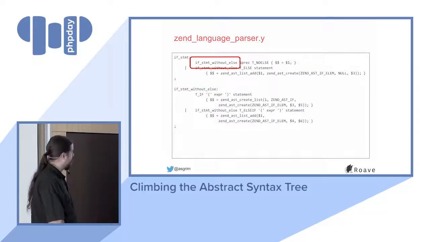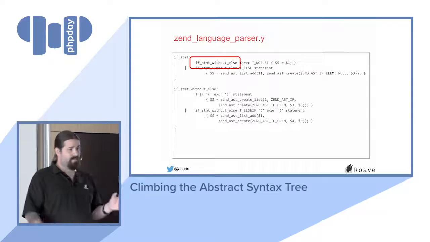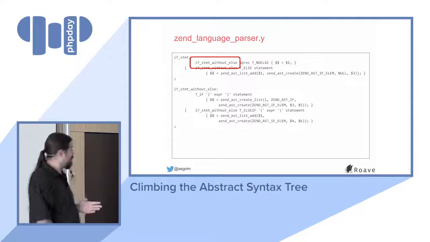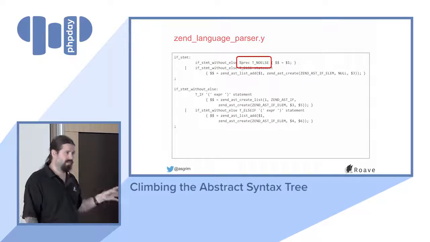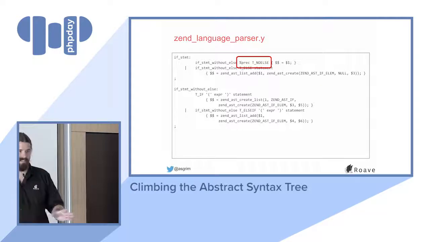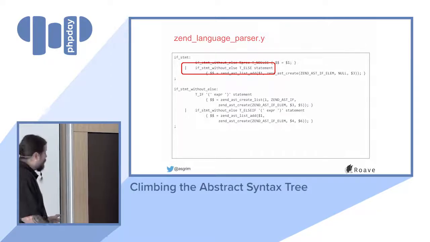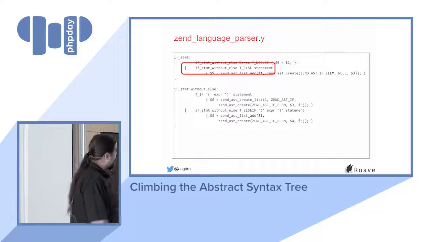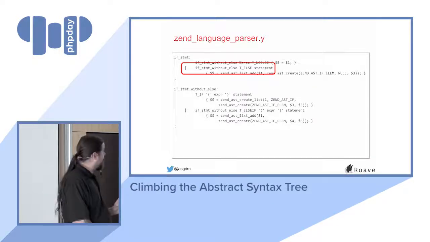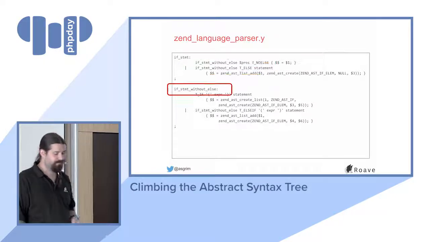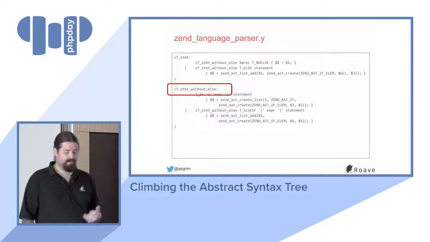But yes, an if statement, basically, it matches to say if we find an if statement without an else on its own, we can basically ignore this, but it's to do with precedence operators. This says it's left associative, if that means anything to anyone. It's not too important for this. Or we match an if statement without else, followed by a statement. But to find out what an if statement without else actually means, we have to look at that definition.